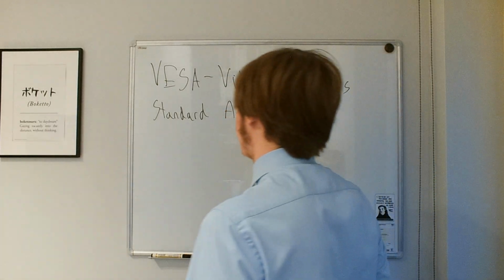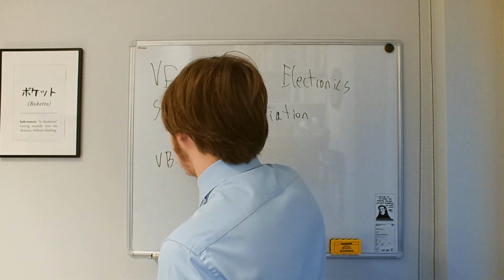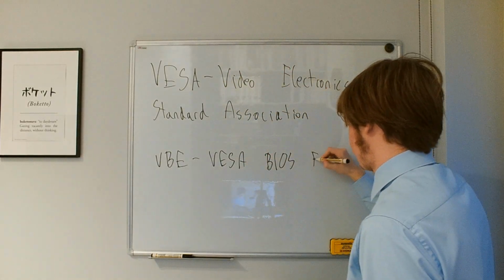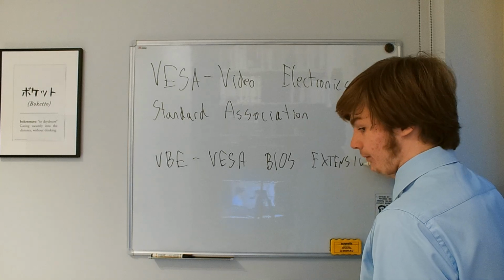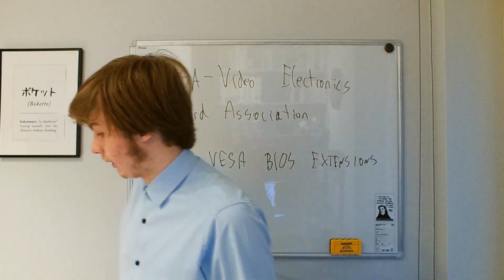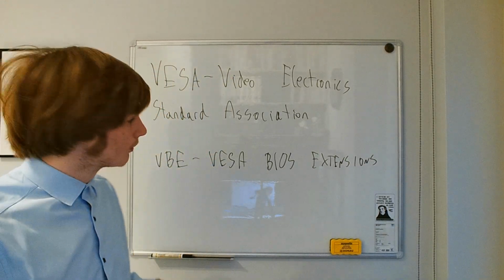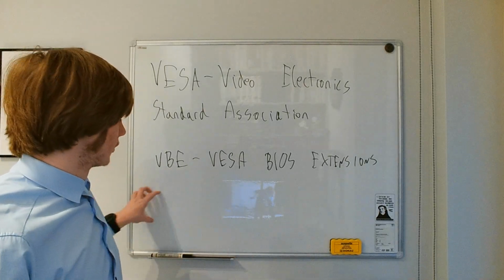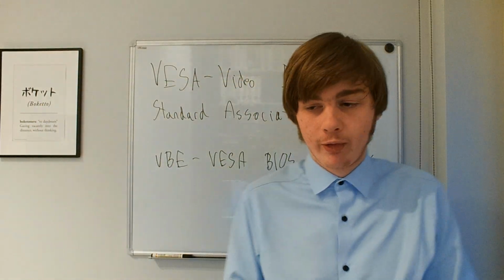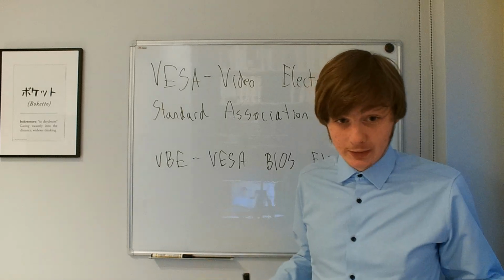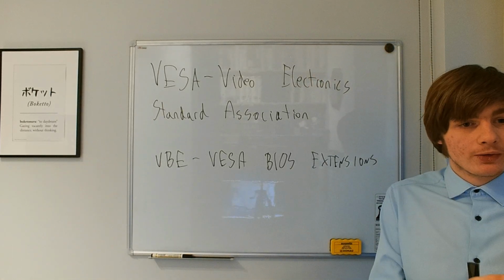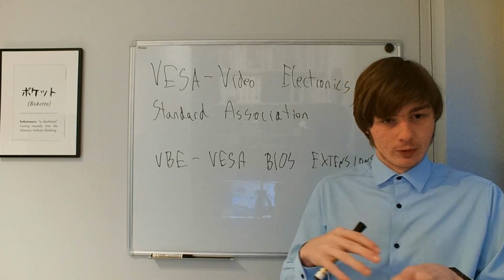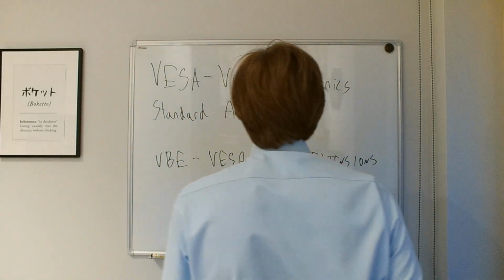So they introduced something called VBE, which are VESA BIOS extensions. The idea is you could have a motherboard where your BIOS has VBE, or VESA BIOS extensions, and those would highly extend the abilities of the interrupt vector number hexadecimal 10, so the video interrupt vector.